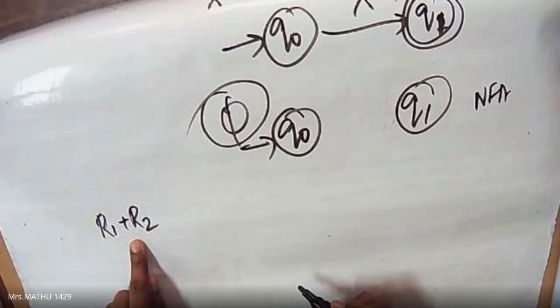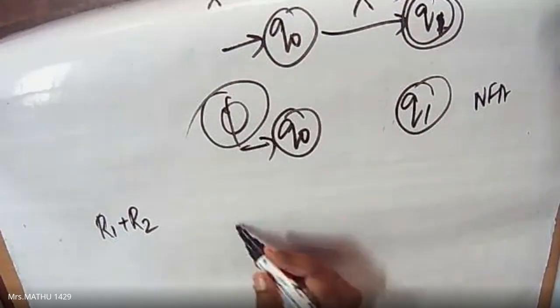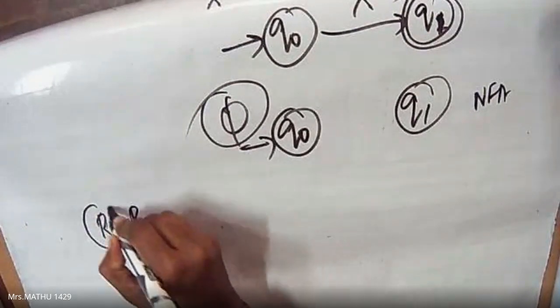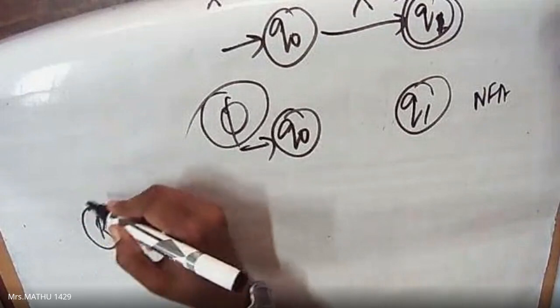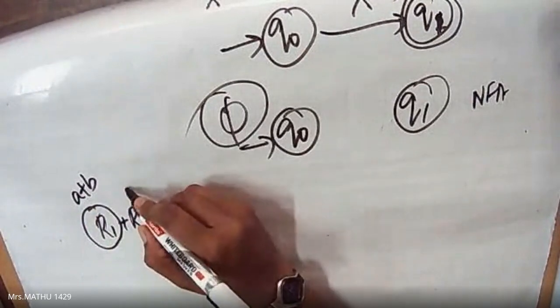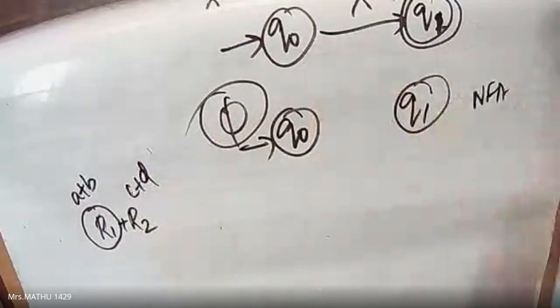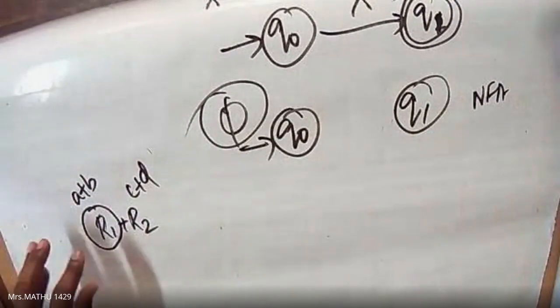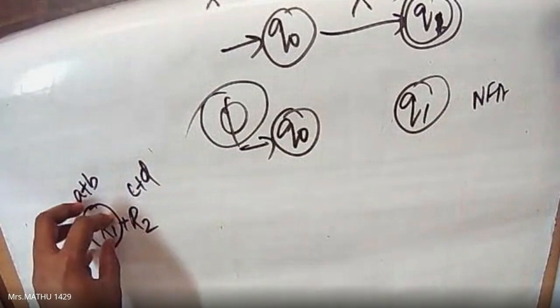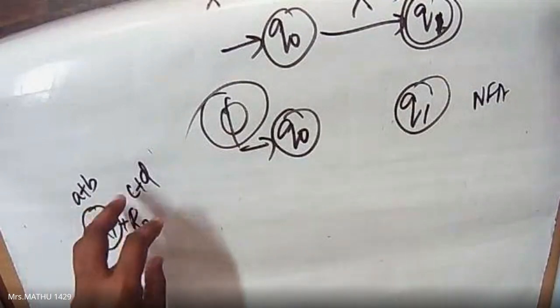So how can the NFA be drawn for this? These regular expressions may be something like A plus B and C plus D. Even some more complex regular expression can be there. So this is one regular expression, and this is another, and they have to be unioned.